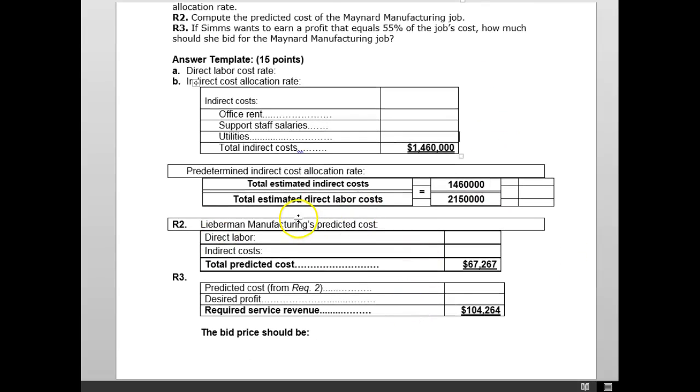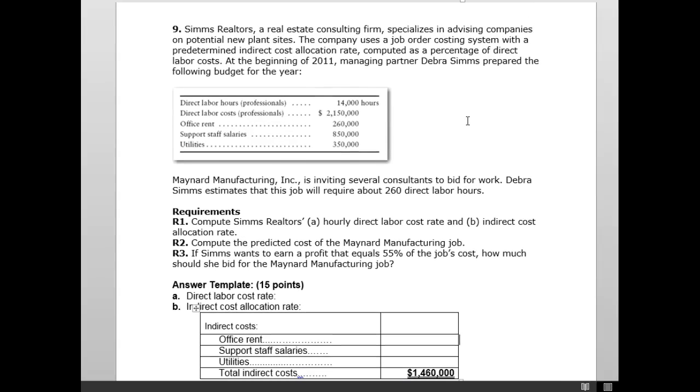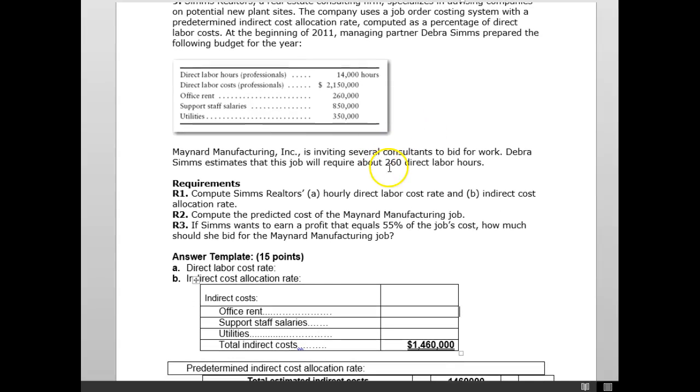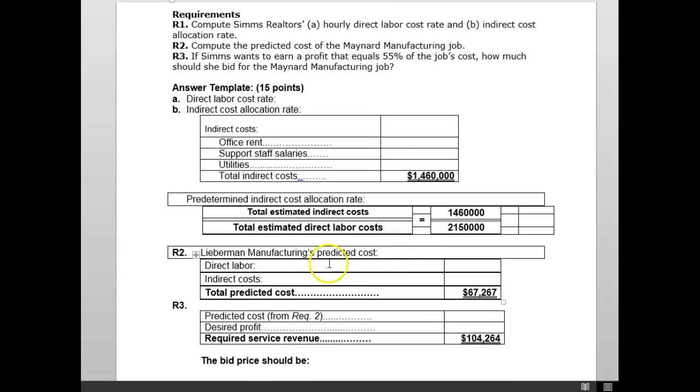So the predicted cost is going to be, what are we predicting here? It's going to take 260 direct labor hours. So we're going to figure this up. You had 260 hours times the direct labor cost per hour.